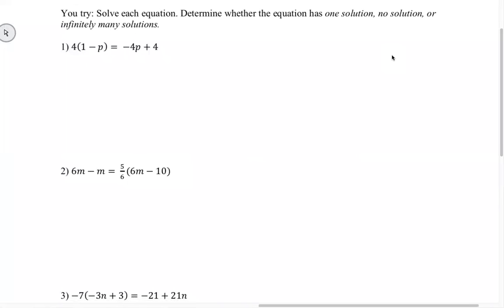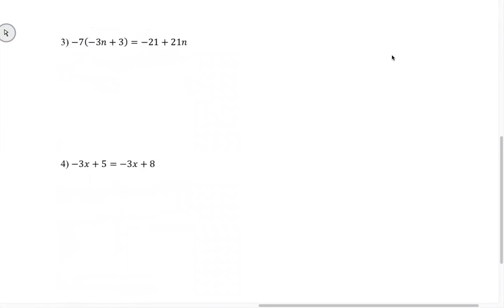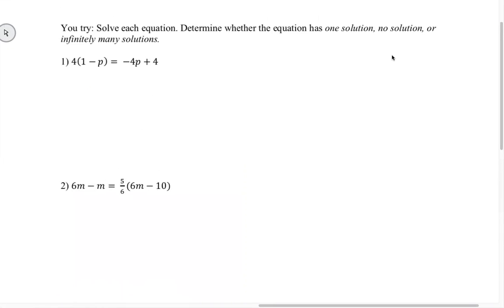All right. So here's what I want you guys to do. I'm going to give you like 5 minutes. I want you to try and do 1, 2, 3, and 4. The directions are determine how many solutions there are. If there is a solution, I want you to find it. If there is no solution, you will state no solution.